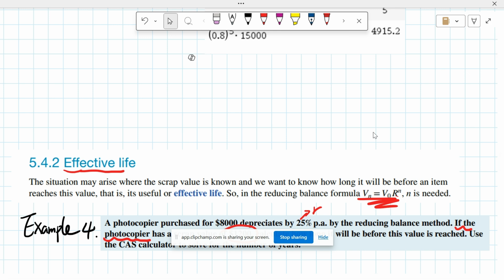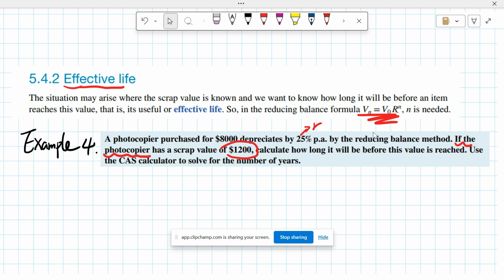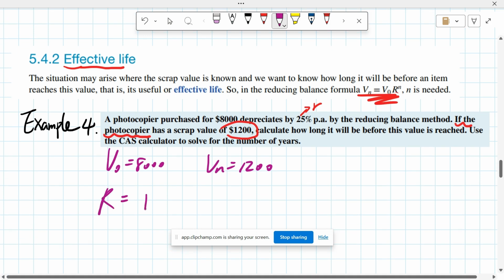Effective life. Now what we do is use that to find how many years we have in the effective life. Normally we say V0 equals $8,000, Vn equals $1,200, and now we find r equals 1 minus 25 over 100, which is 0.75. So Vn equals V0 multiplied by r to the power n.